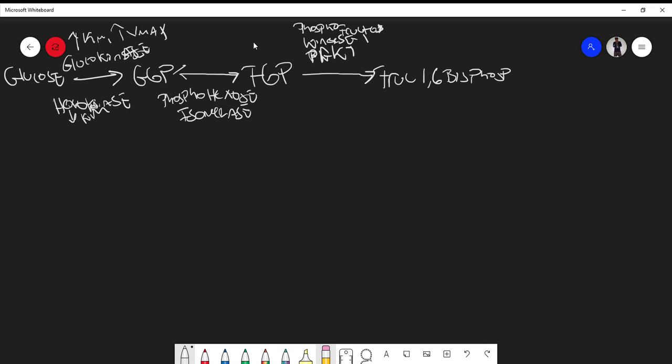Now this step is the most important step of glycolysis because it's inhibited or upregulated by a couple of things. Right, so phosphofructokinase is actually downregulated by the presence of increased ATP as well as citrate.